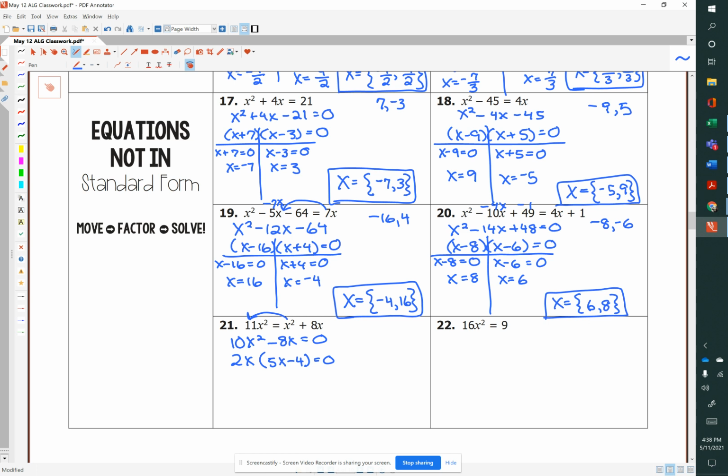So 2x times 5x minus 4 equals 0. We'll solve each side. So 2x equals 0. That means that x equals 0. 5x minus 4 equals 0. We add 4 to both sides. 5x equals 4, and x would equal 4/5. So our two solutions, x equals 0 or 4/5.